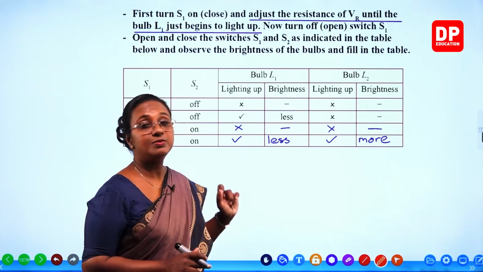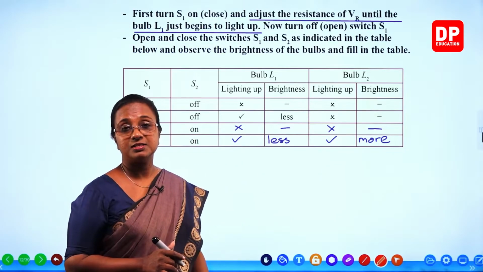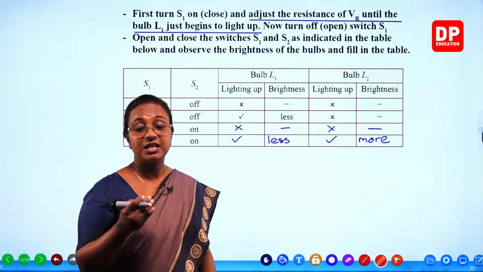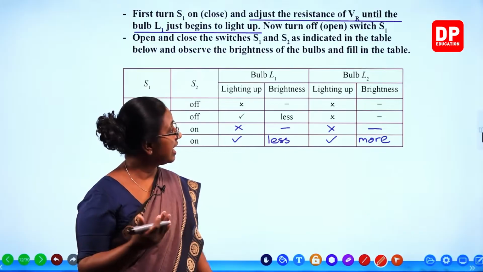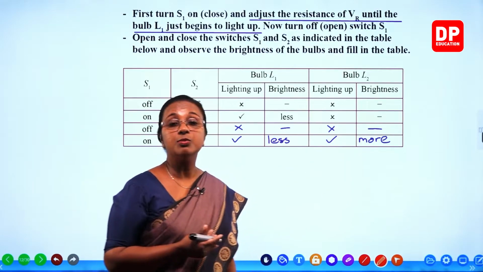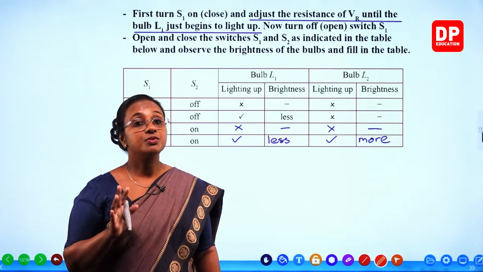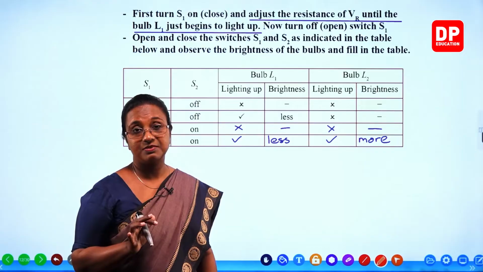L1 lights with less brightness, L2 with more brightness. So the current that is flowing through the input circuit is amplified in the output circuit. That is why L2 is brighter than L1. So that is what you can understand from this activity.